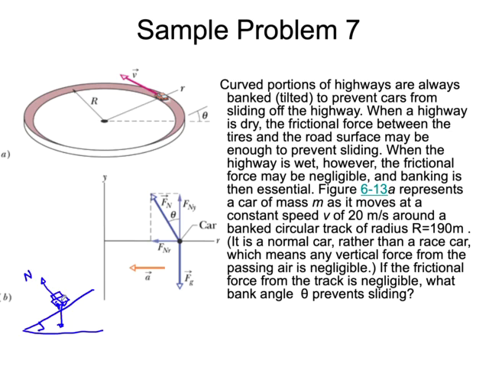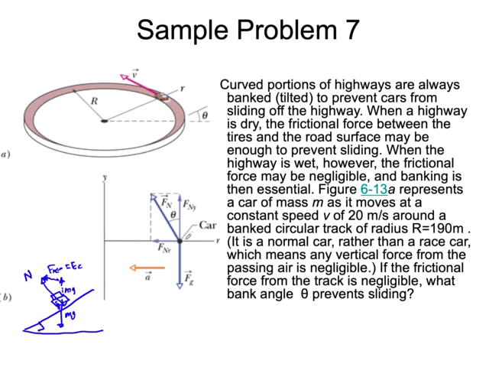And what we end up having here is this. If we break this into its vertical and its horizontal pieces, this piece right here is equal to the weight of the car, mg. And this inward piece right here is F net, or in this case, it's going to be the centripetal force necessary to keep the car going in a circular path.